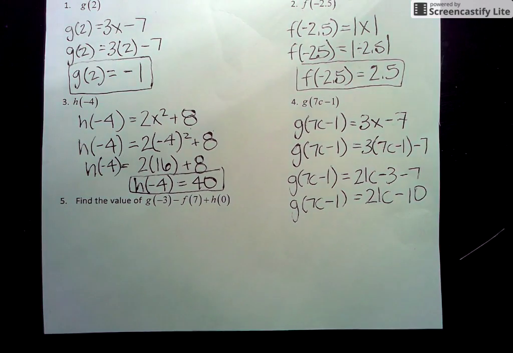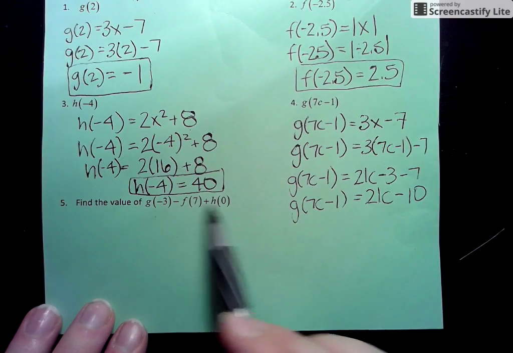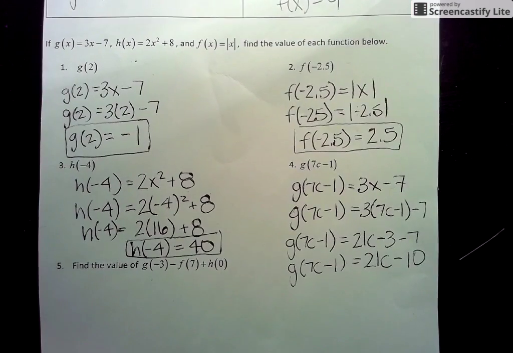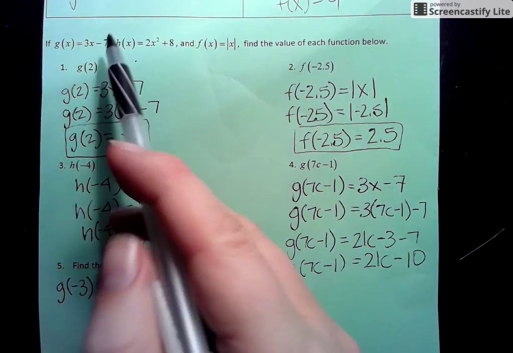Now this last part says find the value of g of -3 minus f of 7 plus h of 0. So we're going to go back to those original equations in the beginning, and we're going to figure out what each value is and then do the operations in between. So g of -3 means that we're going to use this formula.